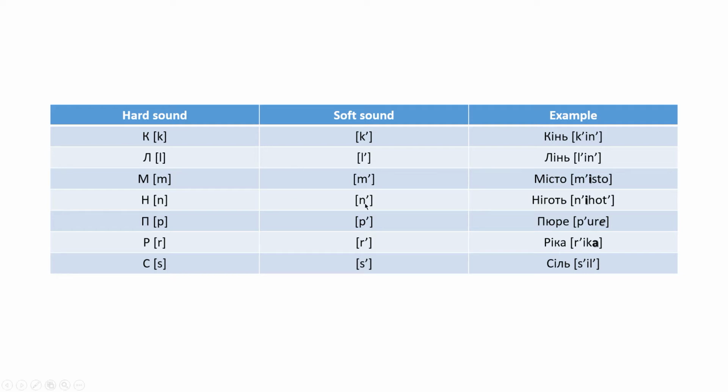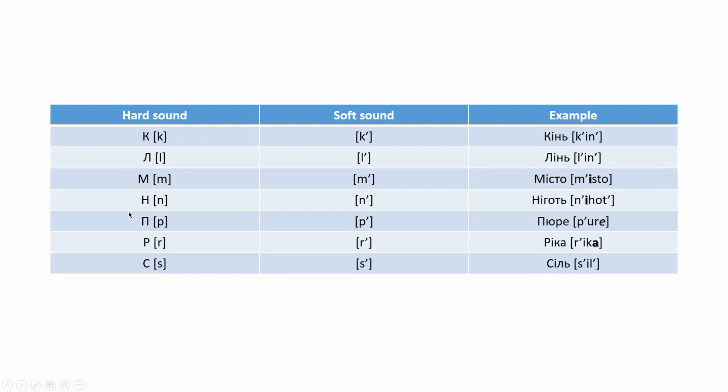Н, н, н. Ніготь, ніготь. Okay, if you learn Spanish, this sound is very close to the ñ, like in the word español. So it can be easier for you if you learn Spanish, okay?